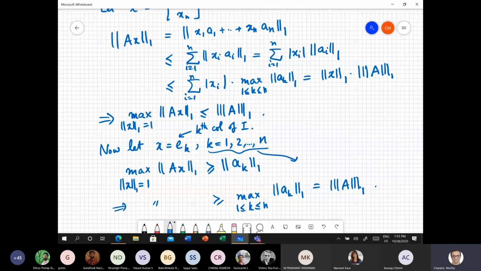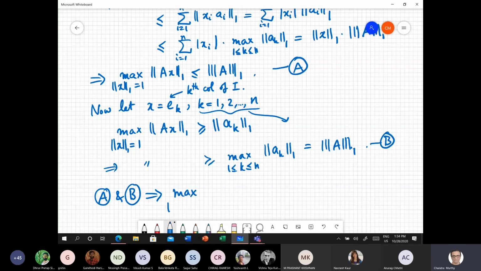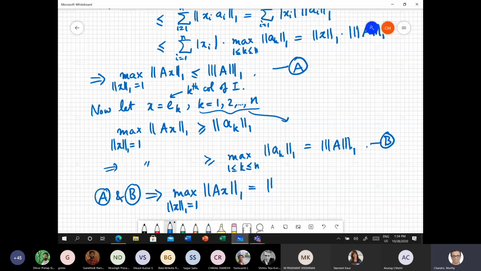So if I call this step A and this step B, these two together imply that the max over the L1 norm of x equal to 1 of the L1 norm of Ax is equal to the matrix norm of A. So this shows that the max column sum norm as I defined it is in fact induced by the L1 norm.